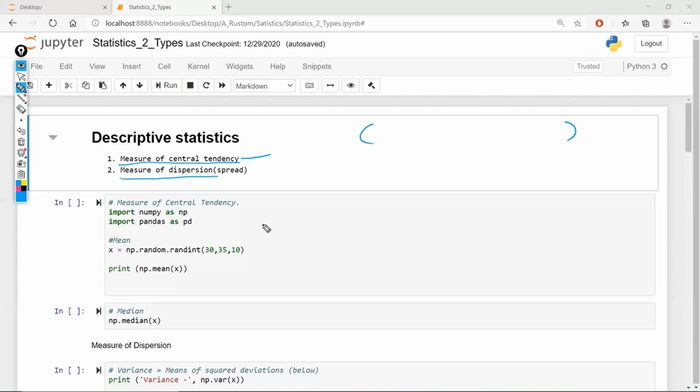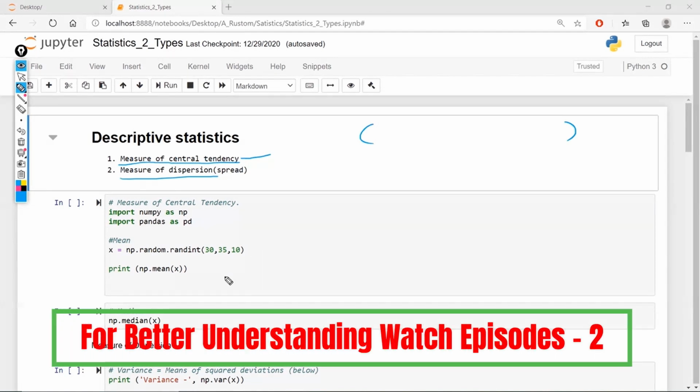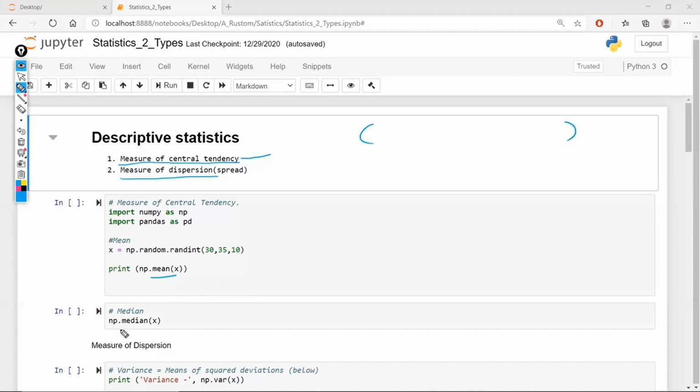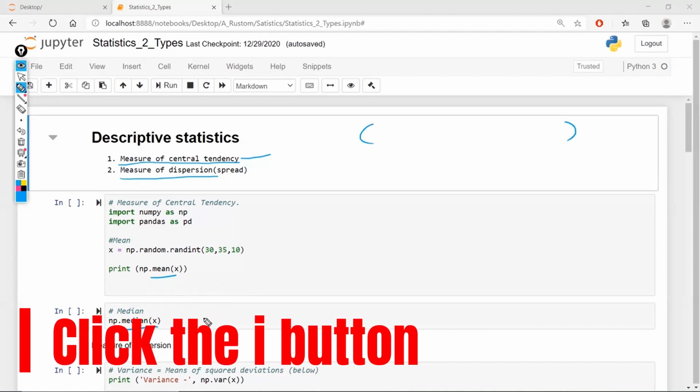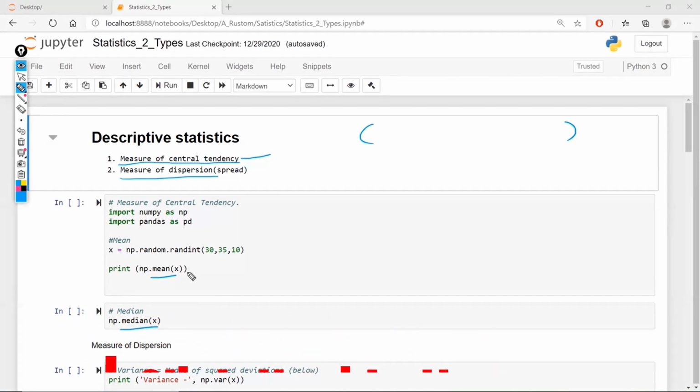And if I talk about the types, in terms of measure of central tendency, it is nothing but mean and median. We have seen what is mean and what is median. So these are basically measures of central tendency, mean and median.